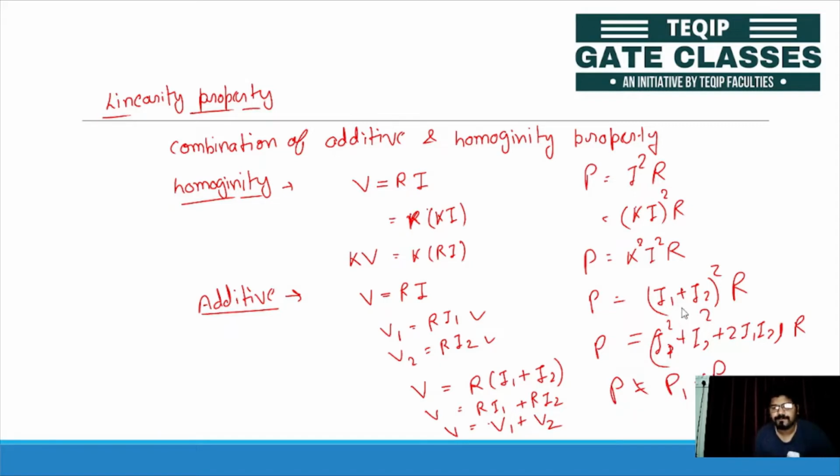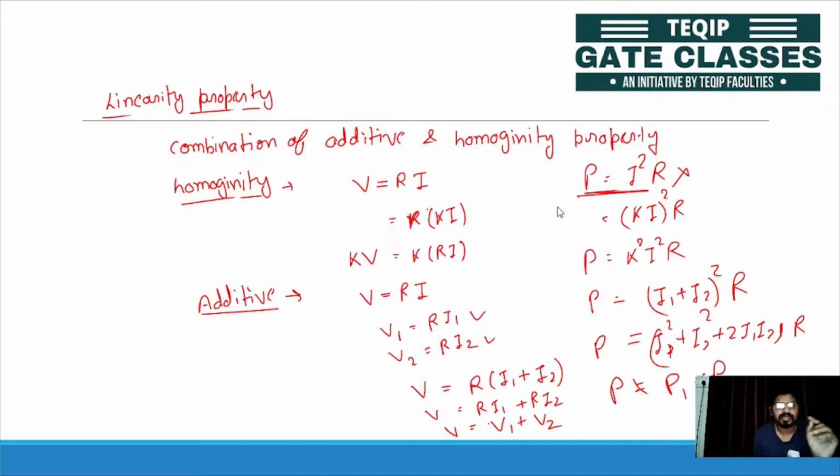So this P is equal to I square R is not following the linearity property, so this relation is not linear. If you are clear with this linearity property, the linear resistance will be discussed in the network theorems.